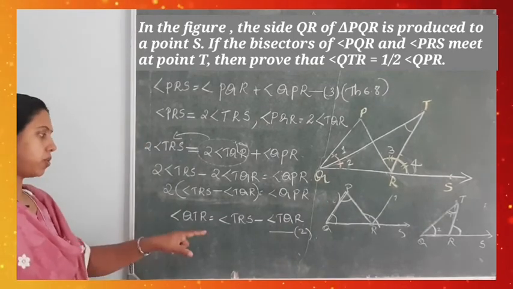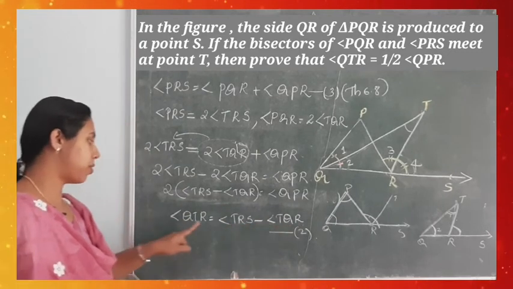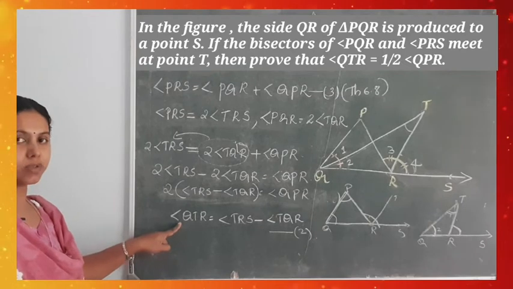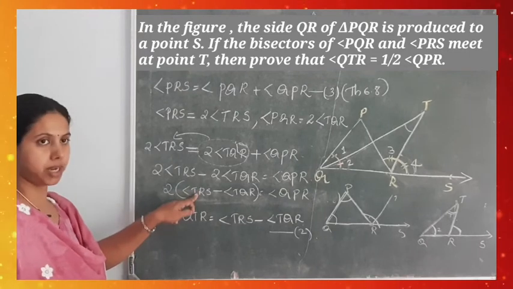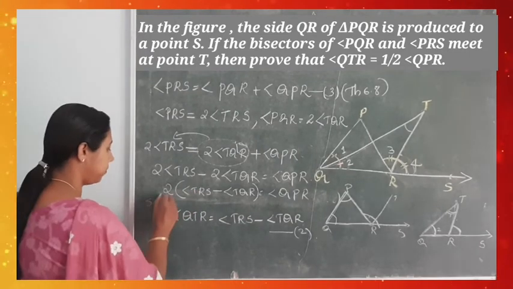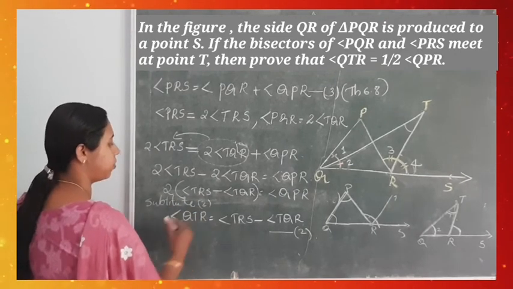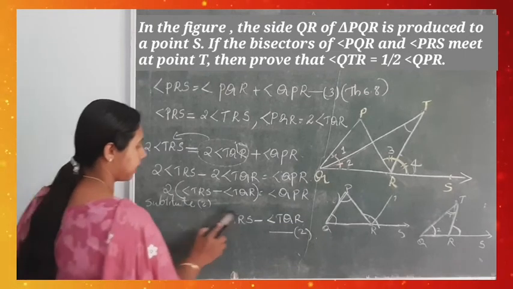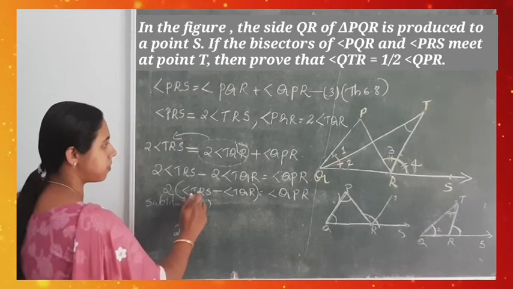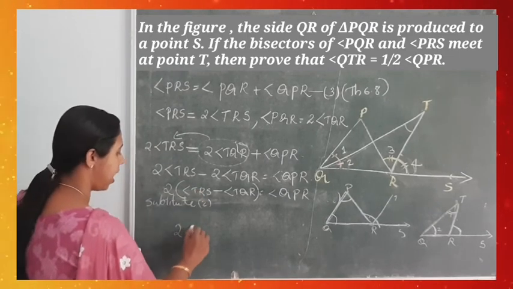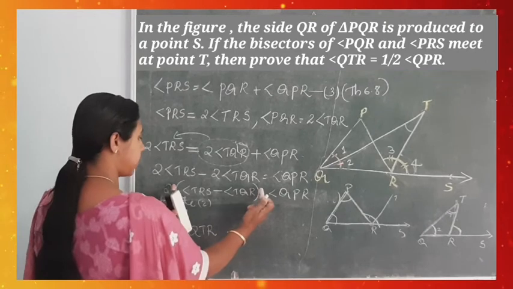Now look at equation 2. Already we found angle TRS minus angle TQR is equal to angle QTR. So substitute equation 2 in this equation. Then it will be 2 into angle TRS minus TQR, so instead of this we substitute equation 2.